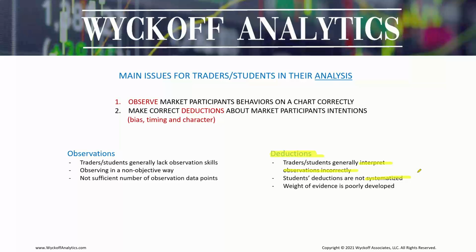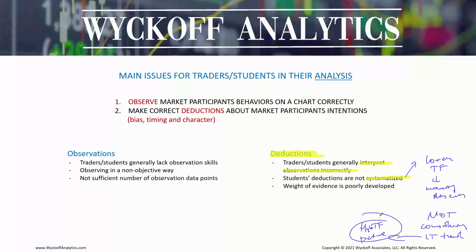So, for instance, probably one of the biggest mistakes in terms of systematization is looking at the lower time frame and making a decision based on that, and not considering a long-term or higher time frame trend, or a higher time frame picture.